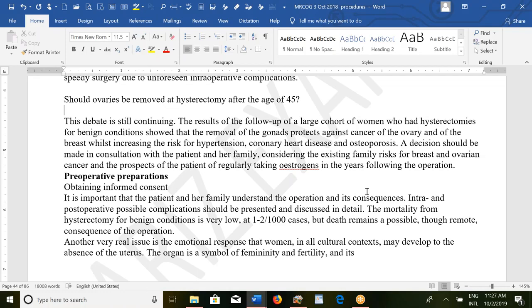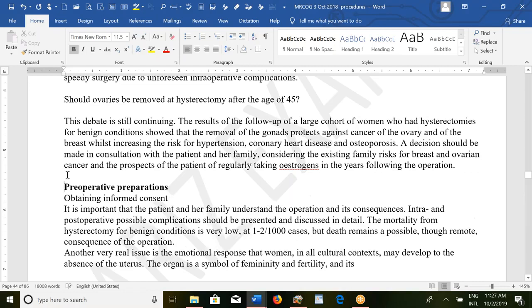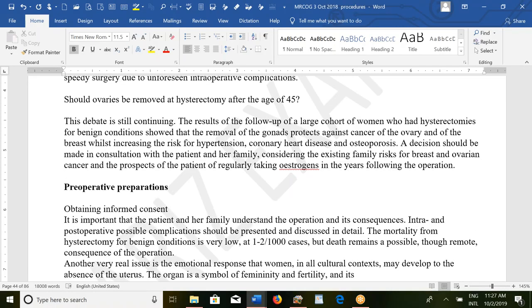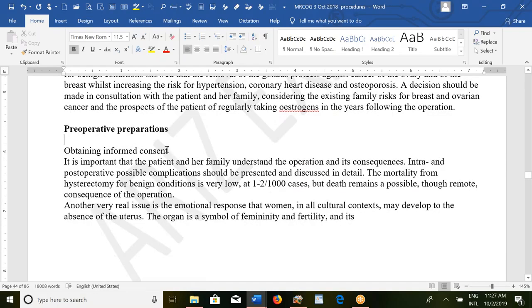Our decision should be made in consultation with the patient and her family, considering the existing family risks for breast and ovarian cancer and the prospects of the patient regularly taking estrogen in the years to come following operation. So you will have to counsel the patient, tell her the benefits and the risks of this procedure, and then you can proceed.